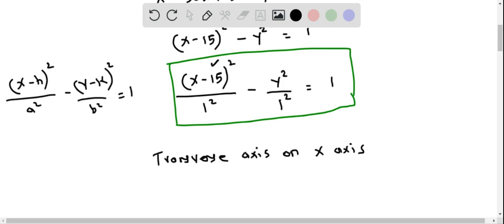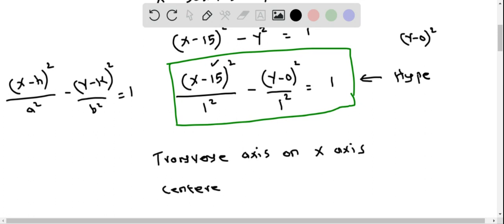Here h is 15, and this y squared is basically y minus 0 quantity squared. In fact, we can write it in that same form, y minus 0 quantity squared, so that we can determine its center. So we see that the center of this hyperbola is at 15 comma 0. That's the classification of this conic.